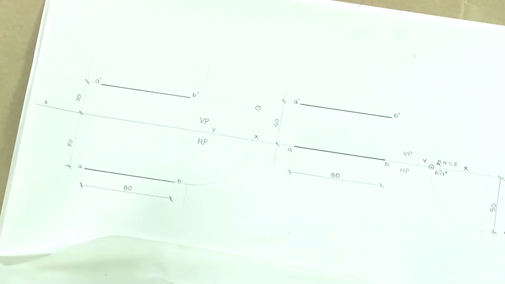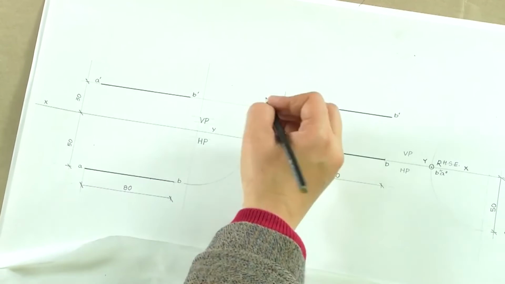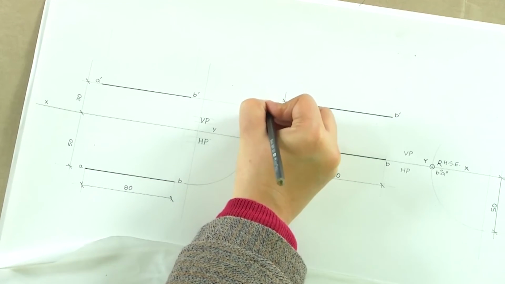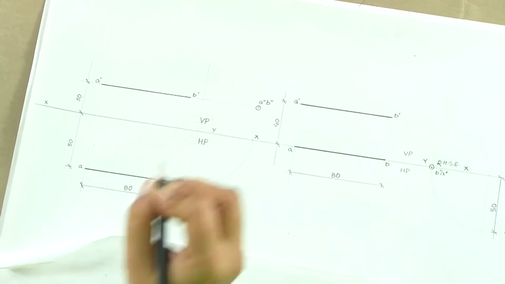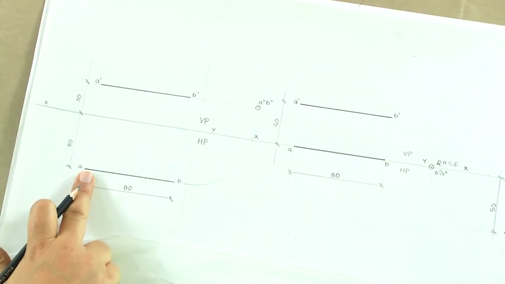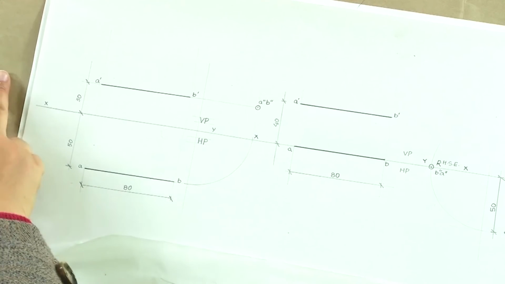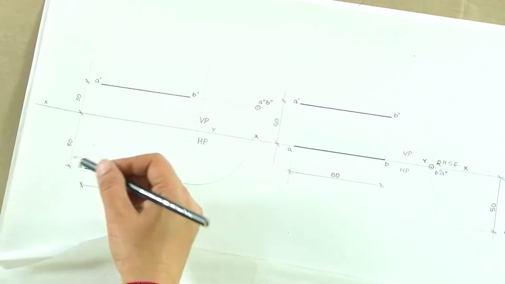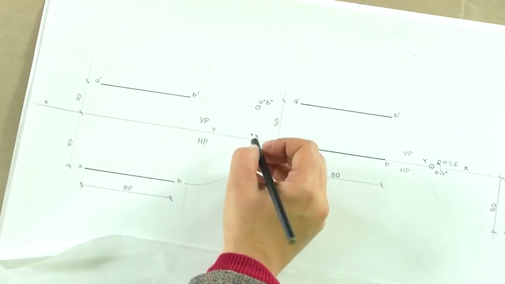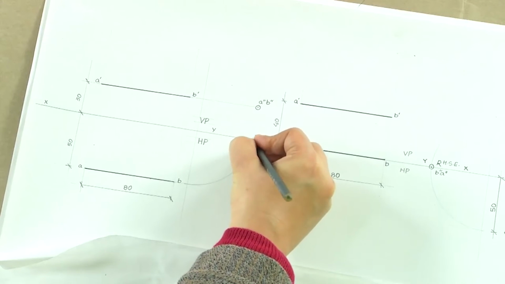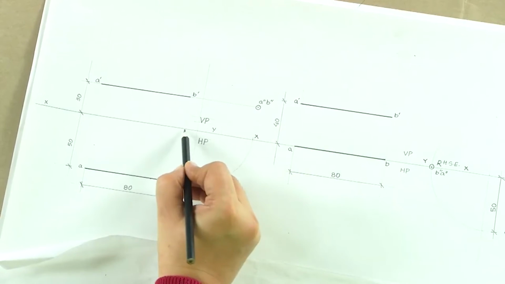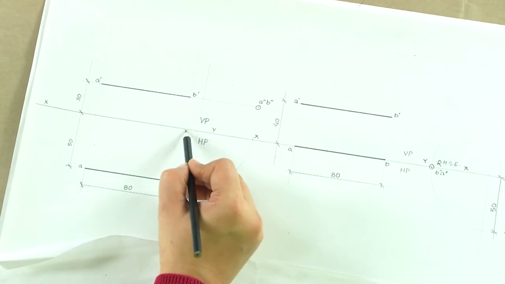Now, depending upon which side you are looking at it from, we were looking at it from the left hand side. So, this becomes A double dash, B double dash, but it will still be a point. If we are drawing it on the other side, we would still have it taken up here. We could not have drawn it here because there is no projection line of B coming here.